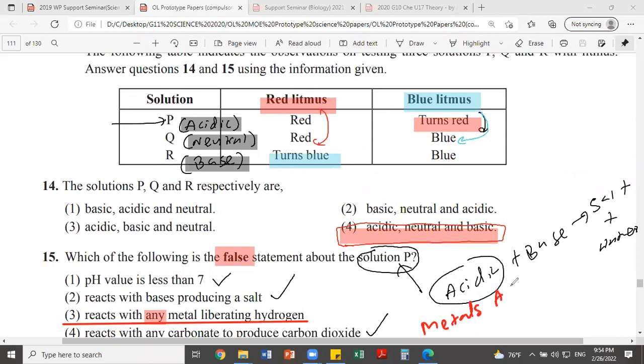Some metals don't react with acids to liberate hydrogen. There must be a reaction to liberate hydrogen gas. Jewelry metals do not react with acids to liberate hydrogen gas.